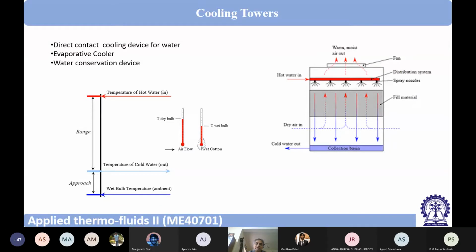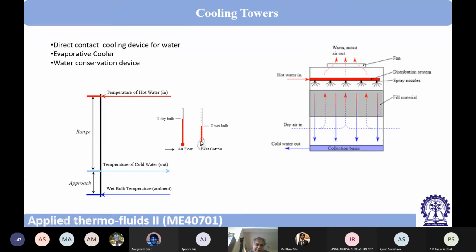Okay, so this is the dry bulb temperature, the dry bulb thermometer. An ordinary thermometer, if we put it in the air, will give some temperature, let's say 30 degrees Celsius or 32 degrees Celsius. And then if I put some sort of cotton wick at the bulb of the thermometer, moisten it with water and rotate it, there is generally a wooden case with a rotatable handle, and with that you rotate it.